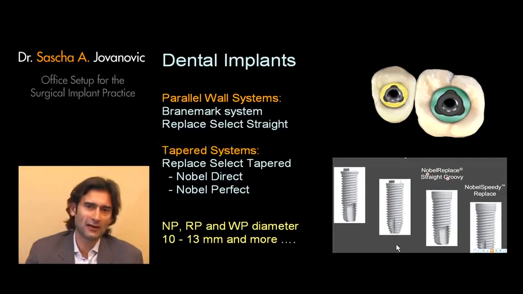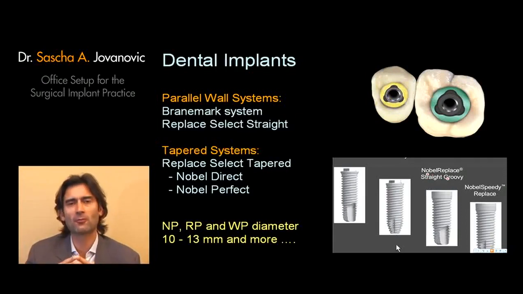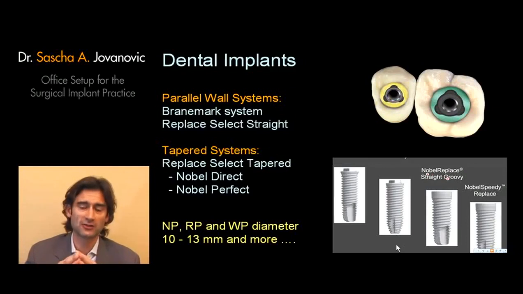So a narrow ridge, let's say a premolar area or molar area, we're not going to fit a narrow platform implant into. I still will maintain my position of using a regular platform implant, but I will use grafting procedures either simultaneously with implant placement or prior to implant placement.